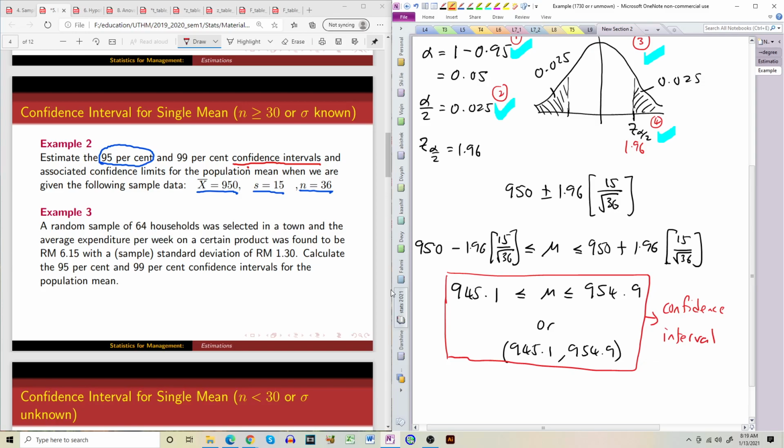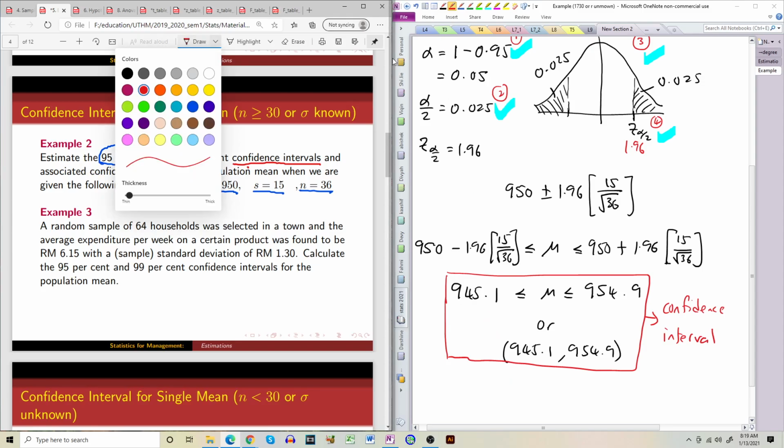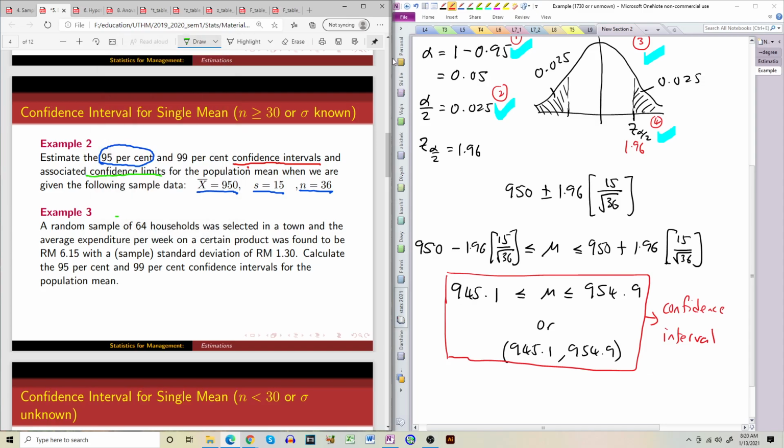And if they ask for the associated confidence limits, confidence limits is each of these values.